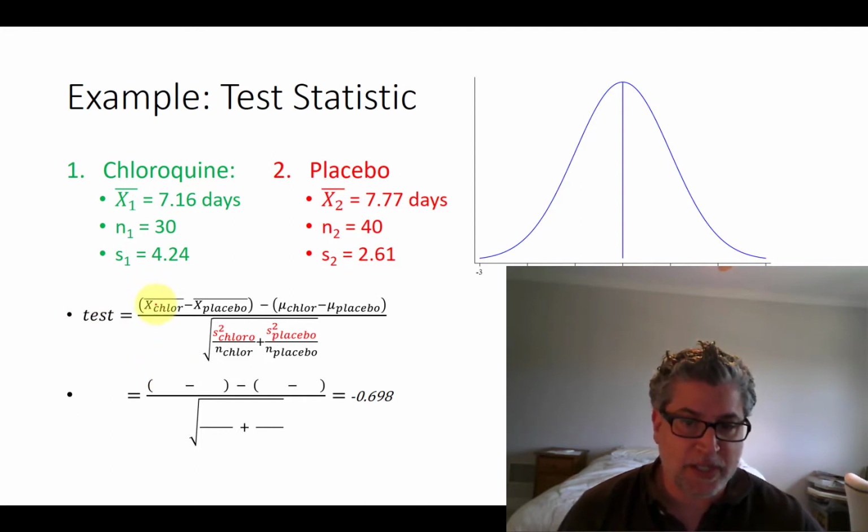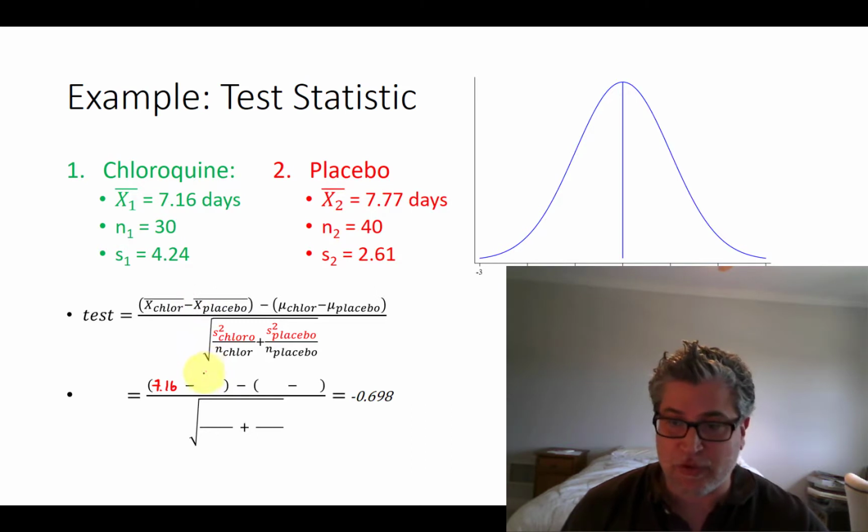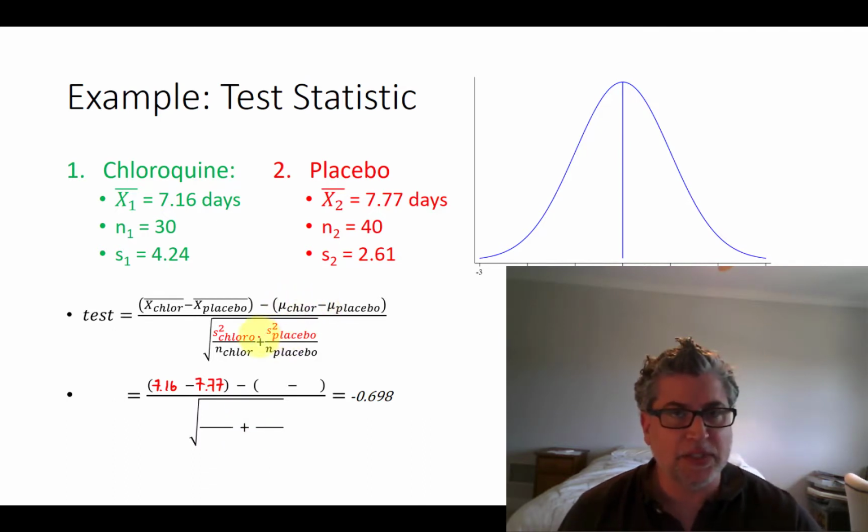So we want to take our sample data, this difference between the two treatments in the sample. So we've got 7.16 is the average from the chloroquine minus the average from the placebo, which is 7.77. And now what is the difference according to the null hypothesis?